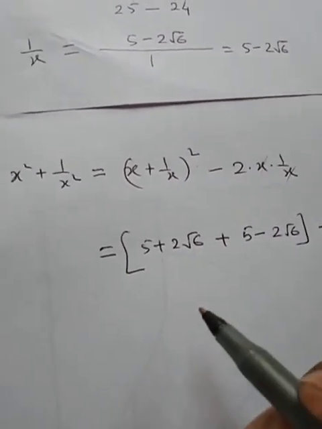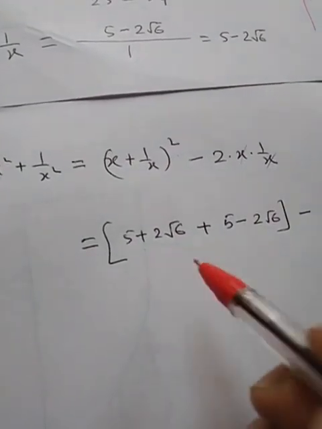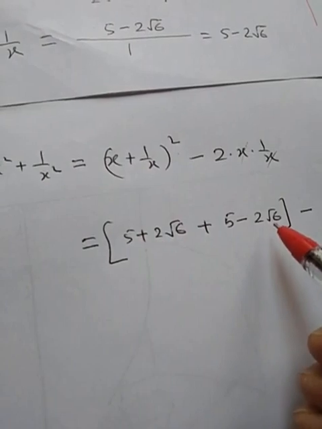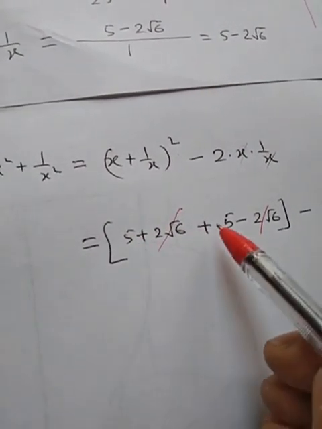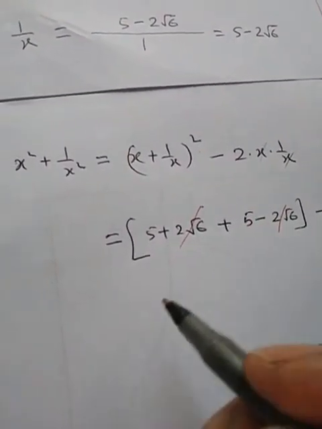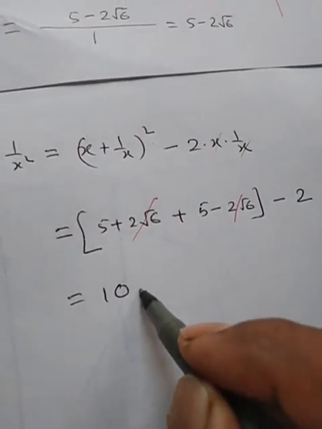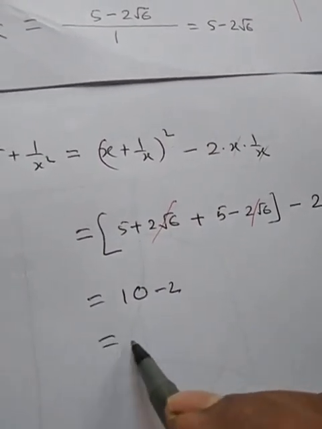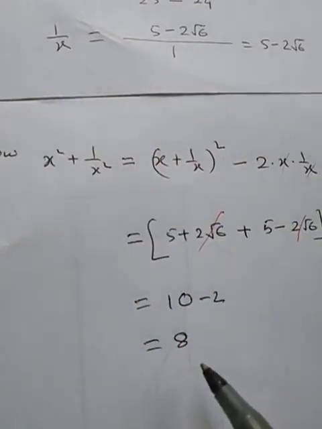That we will write here. Now here also 2 root 6 and minus 2 root 6 we can cancel, so then only 5 plus 5 will be left, that is 10, minus 2, that is 8. So our answer for this is 8.